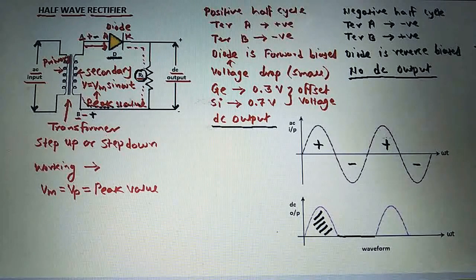Again, during the positive half cycle, the diode is in forward bias and conducting, so we will get the DC output across the load resistance RL here in this waveform. Again, during the negative half cycle, the diode is in reverse bias, so there is no DC output here. So this is the waveform of a half wave rectifier, and it shows the working of the half wave rectifier.